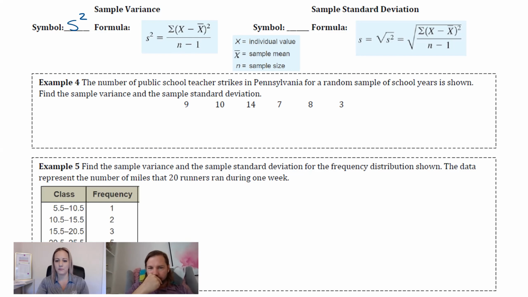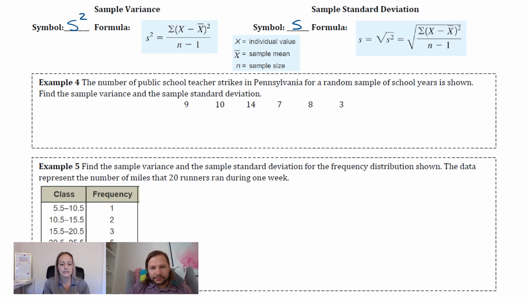And then for the sample standard deviation, that symbol is just going to be a lowercase s. And the formulas are really similar. The only thing really that's different with the samples is that instead of dividing by n, we're dividing by n minus 1. But we're actually not going to even worry about doing this by hand. I'm just going to show you guys how to do it in your calculator. And it's really similar to what we were just doing anyways.